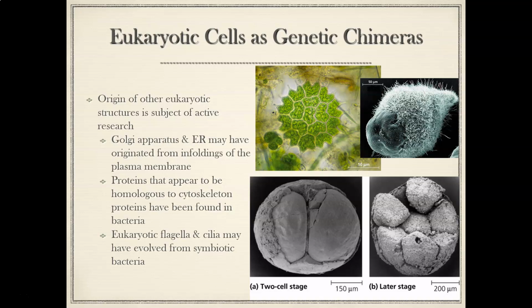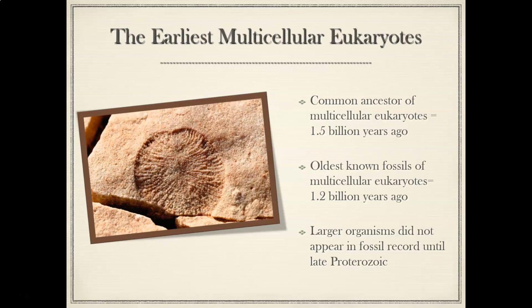Things like the eukaryotic flagella and cilia may also have evolved from symbiotic bacteria somewhere along the way. So, kind of interesting things that are still being studied, and we'll see what sort of information comes of it.